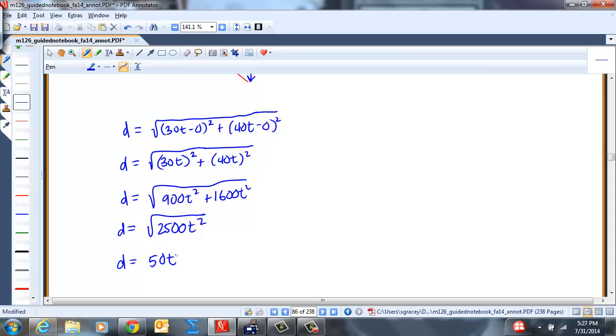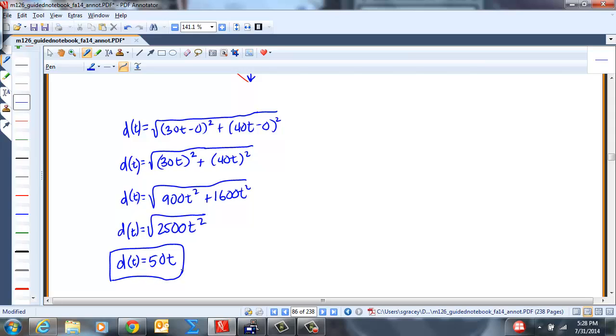We don't need to worry about the plus or minus because time is positive. So this actually, and you know what I should have done, is I should have done distance in terms of time. So distance in terms of time is 50t, and you're done.